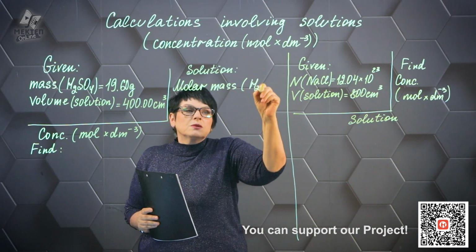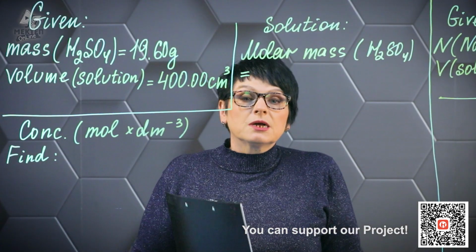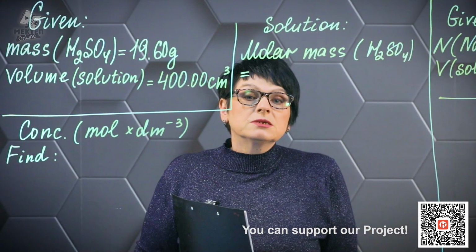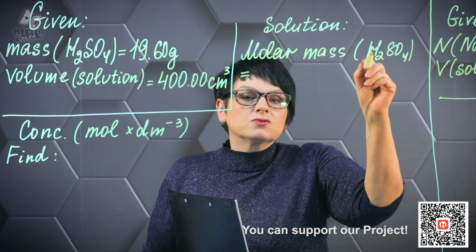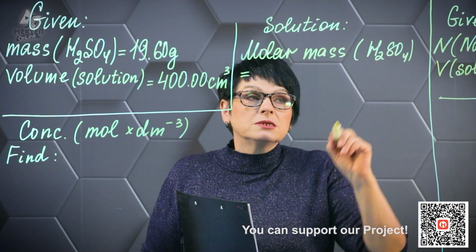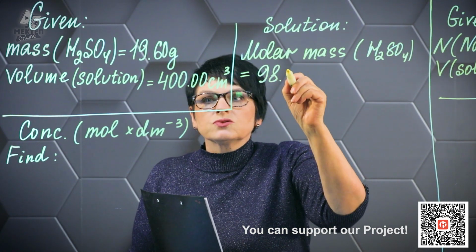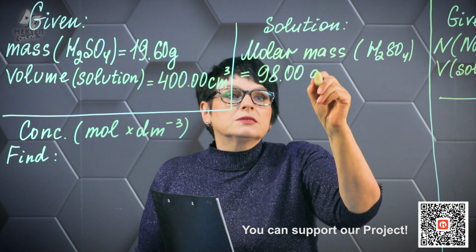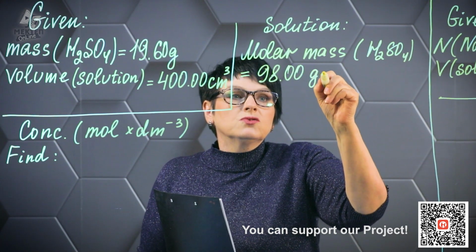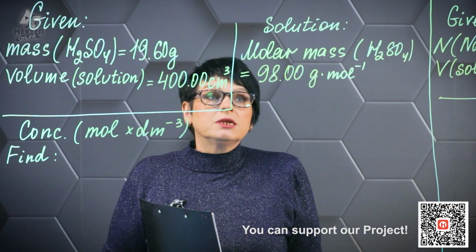In this case, recall, we rely on the periodic table and add up, taking into account the indices, the relative atomic masses. If we calculate, hydrogen has 1 times 2, sulfur has 32, oxygen has 16 times 4, we get 98 grams per mole. Accordingly, we have found the molar mass.